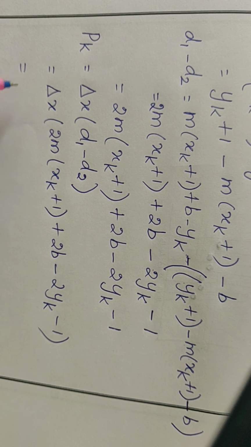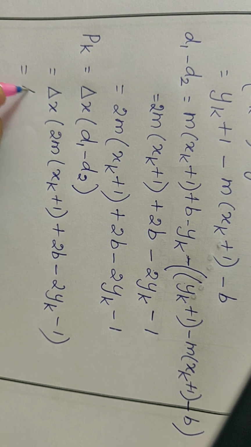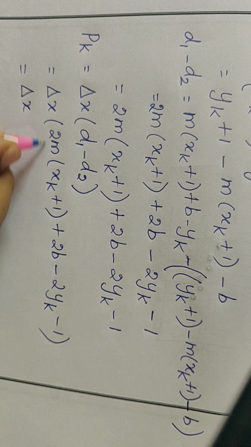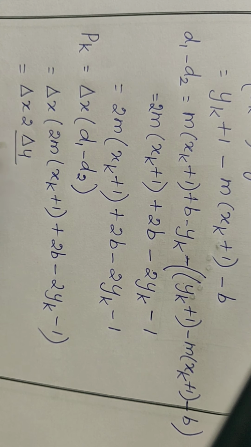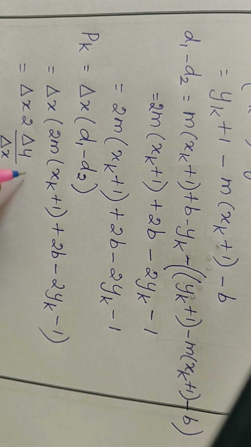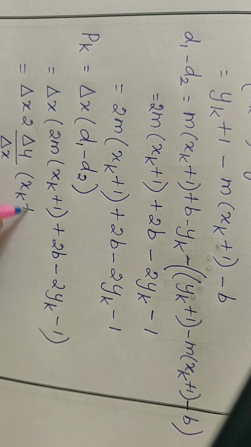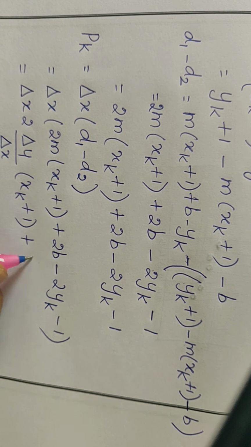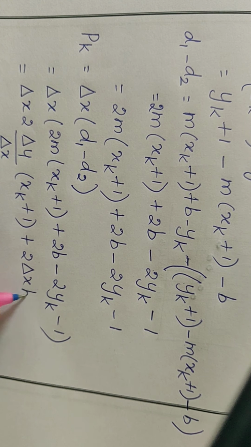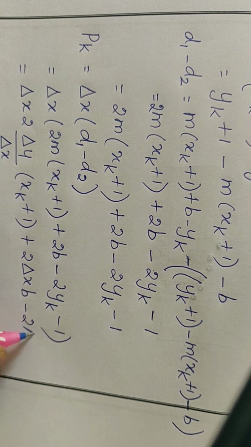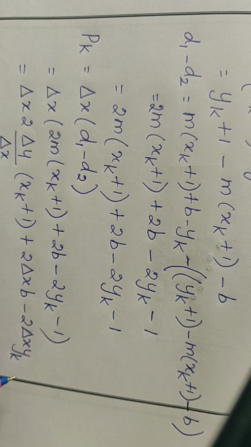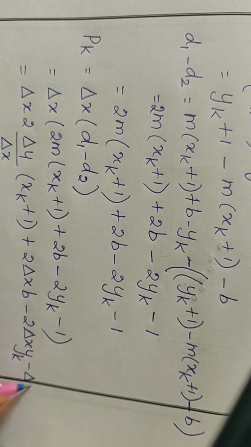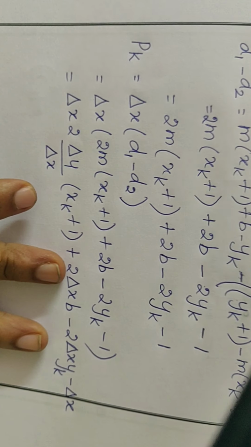So I am multiplying, and at the same time I am substituting this value of difference of y by difference of x. So xk plus 1 plus 2 delta x b minus 2 delta x yk, minus delta x.